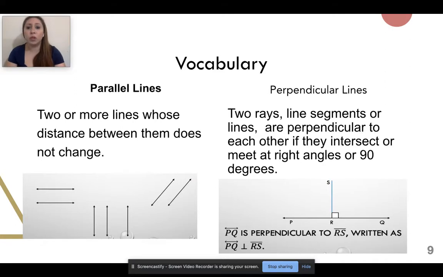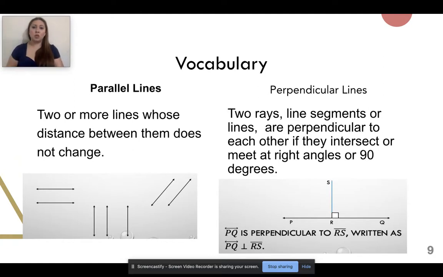Parallel lines, all of you guys should know about parallel and perpendicular lines. Parallel lines are two lines whose distance between them does not change. They will also never cross. Perpendicular lines meet at a 90-degree angle.